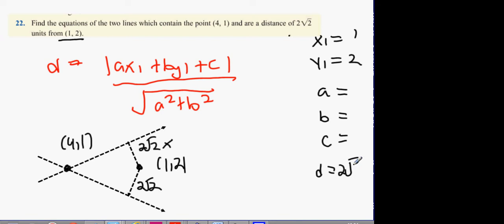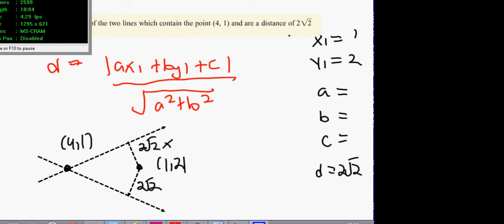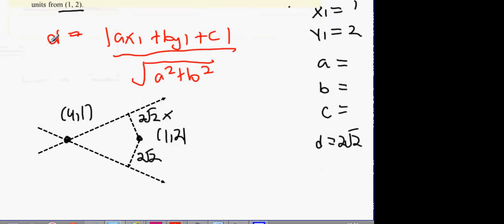What we're going to do is get a general formula, and here's the general formula now. Now guys, what happens next is this: y minus y1 equals m into x minus x1. Do we know what the slope is of these lines?